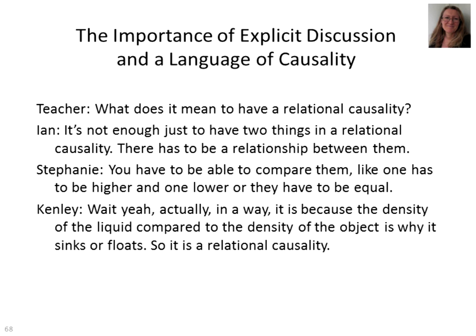I'm going to put this slide up only briefly because people were less concerned about this. One of the things that we focus on quite a lot in the classrooms that we work in is creating a language of causality. It's not there. We don't have a rich language of causality in our culture. And the language that we have in the classrooms we've worked in has really come from the students.